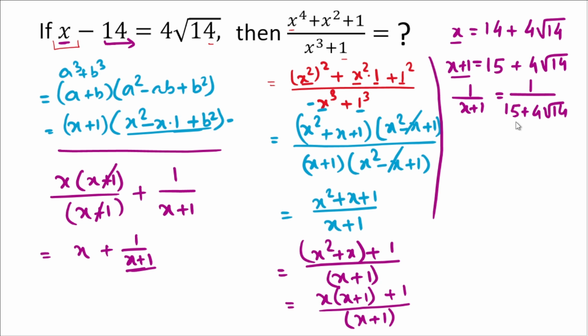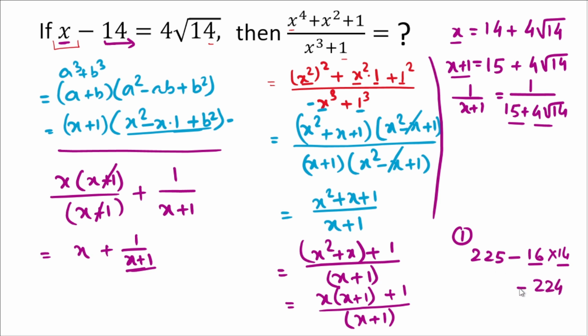For calculating the simpler form, we'll rationalize this expression. For that we'll square both terms and take the difference. If the difference is 1, we can rationalize it easily. The square of 15 is 225, minus the square of 4 square root 14, which is 16 multiplied by 14, that is 224.